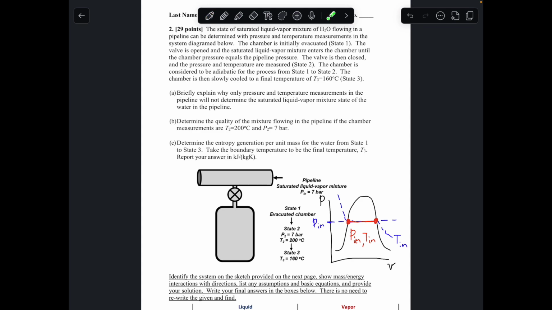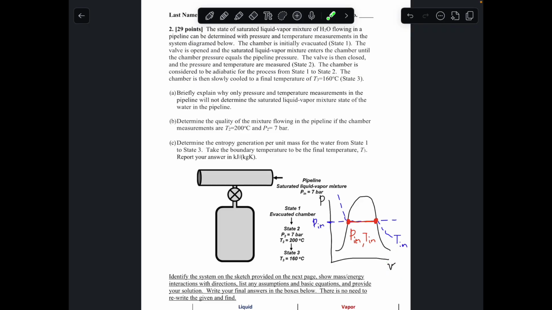And this is our SLVM region. So if we know the pressure and the temperature, we don't know the exact state because we could be anywhere along this line. We could be here and we could also be over here or anywhere in between. We don't know if we only have pressure and temperature. If they gave us one more property like specific volume or anything else like that, then we could fix the state specifically.